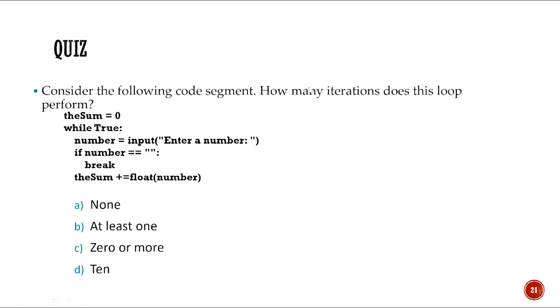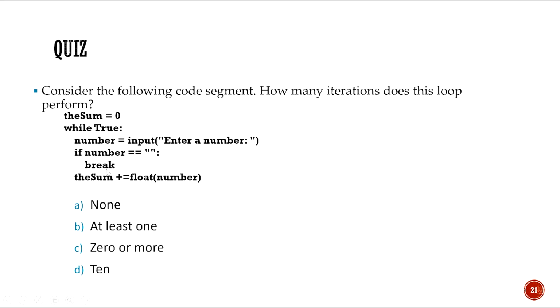Now the question is, how many iterations does this loop perform? Okay, we look at the best case scenario. So we ask the user to enter a number, and the user doesn't enter anything, just a space, presses enter, then it breaks. It means that it just goes out of the while loop.